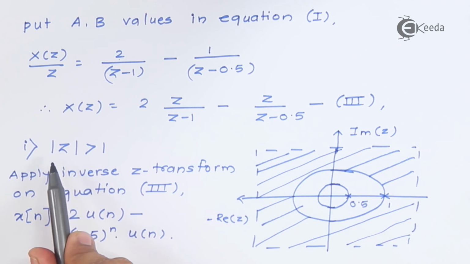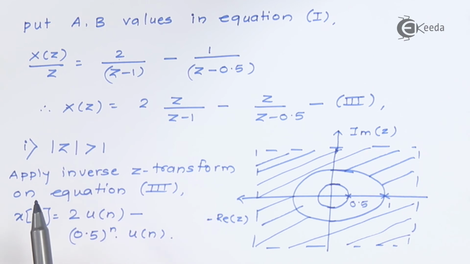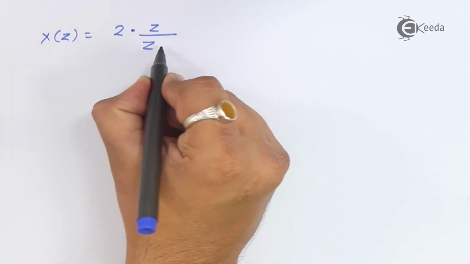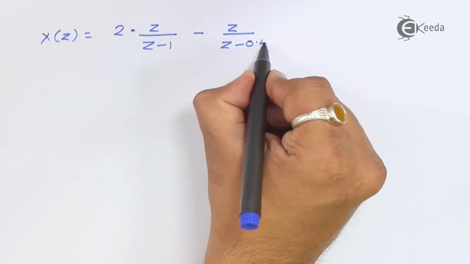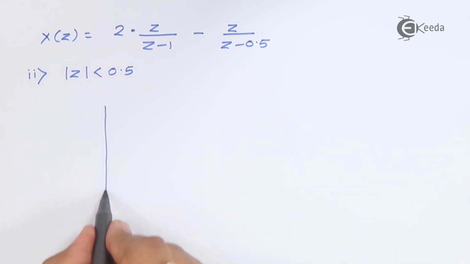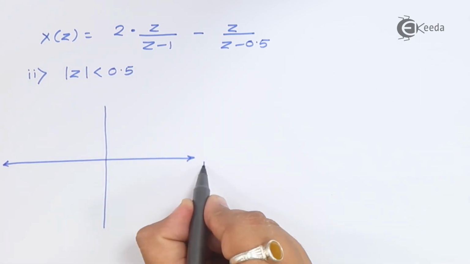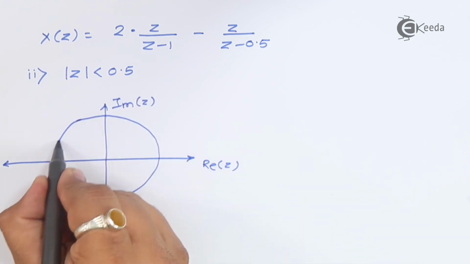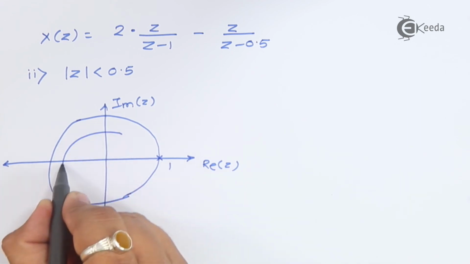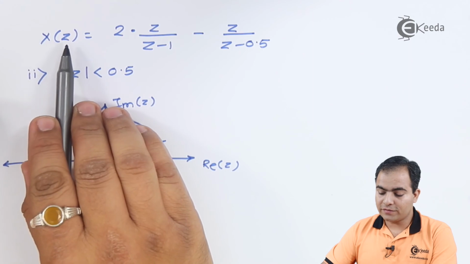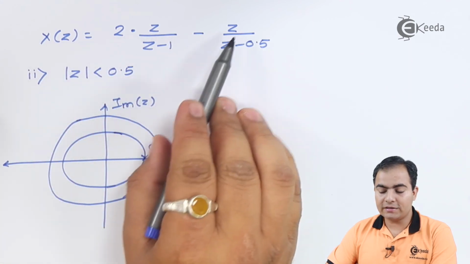Similarly, we'll calculate the inverse z transform based on a non-causal ROC, which is mod z less than 0.5. The x of z was 2 into z upon z minus 1 and z upon z minus 0.5.